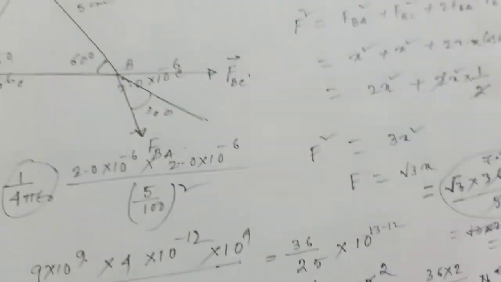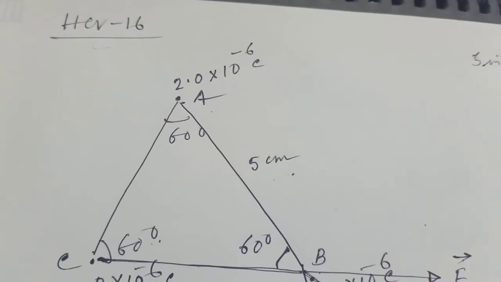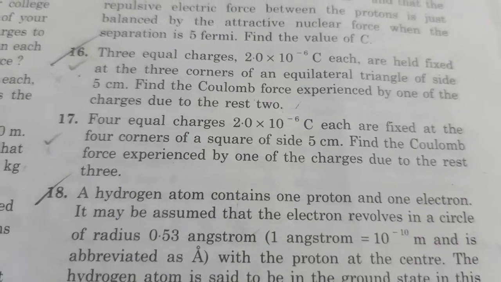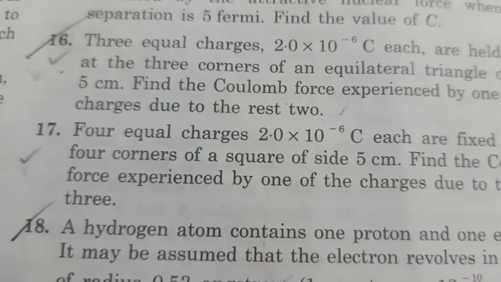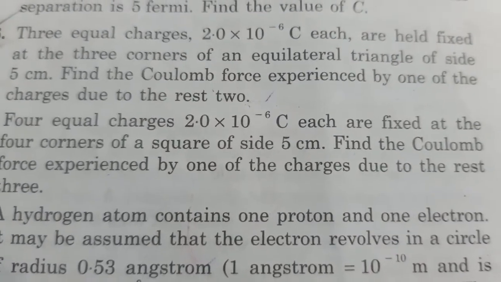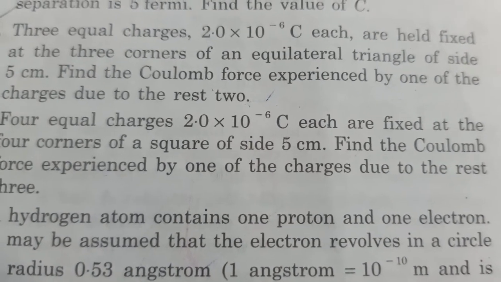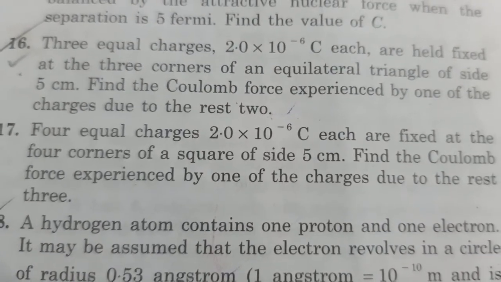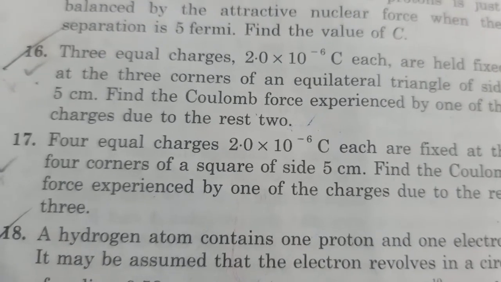So this numerical is completed, that is HC Verma 16. The next question is 17, and here the question is: given 4 equal charges of 2.0 into 10 to the power minus 6 coulomb, each fixed at the four corners of a square of side 5 centimeter, find the coulomb force experienced by one of the charges due to the rest 3.